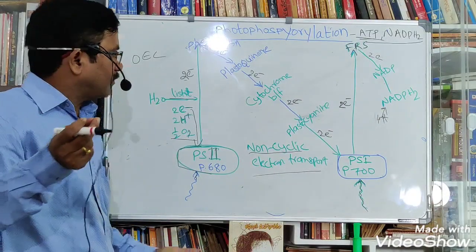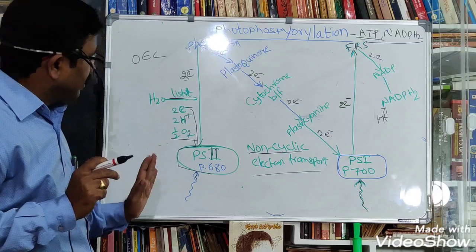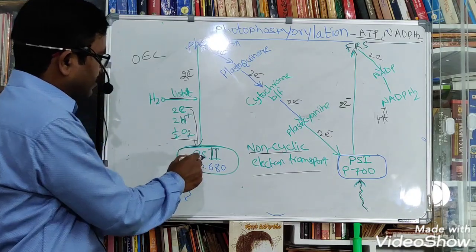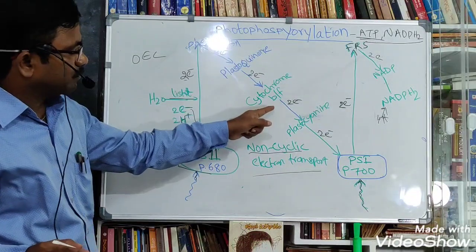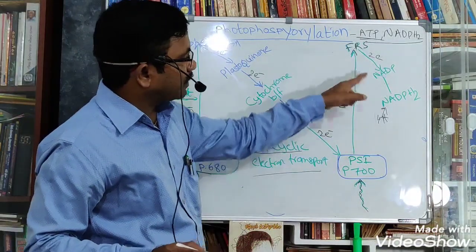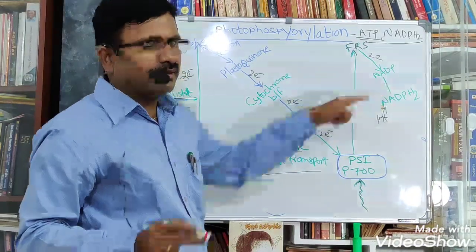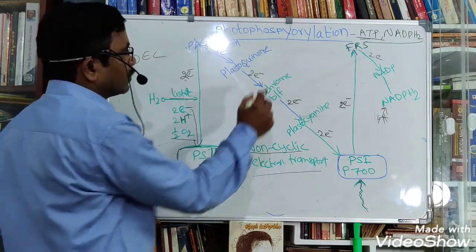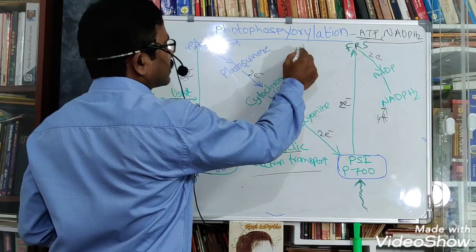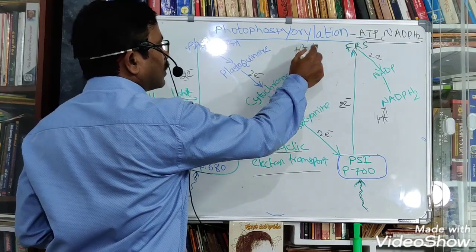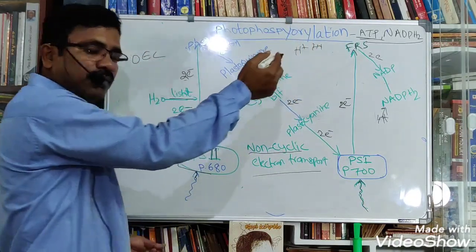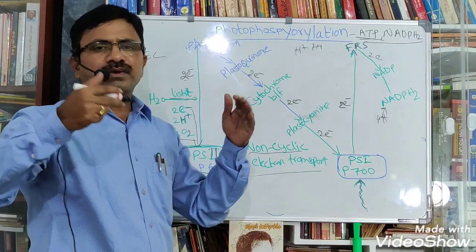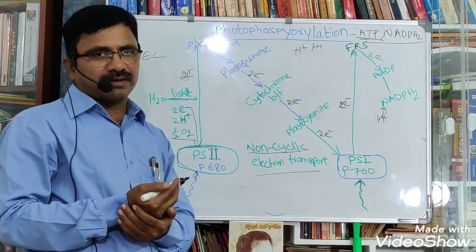Listen attentively. While the electron moves from the water molecule to PS2, the electron transport system and PS1, and finally reduces NADP, whenever electron transport takes place among photosystems, protons from the stroma move into the lumen of the thylakoid.